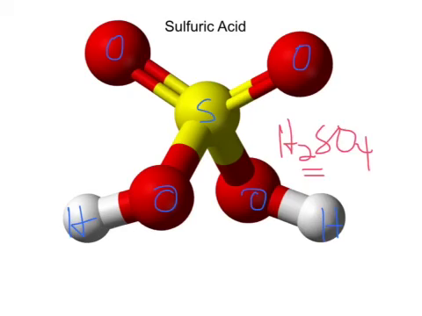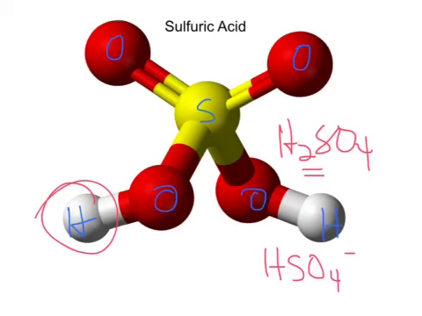Sulfuric acid, though, will easily ionize one hydrogen. The first hydrogen that is ionized from the molecule, if we take a proton off of here, what we're left with is going to be HSO4 negative.